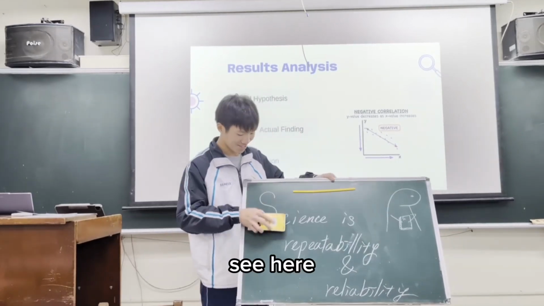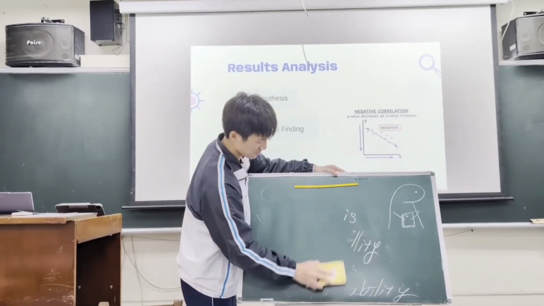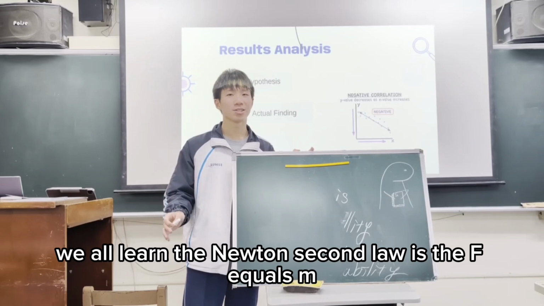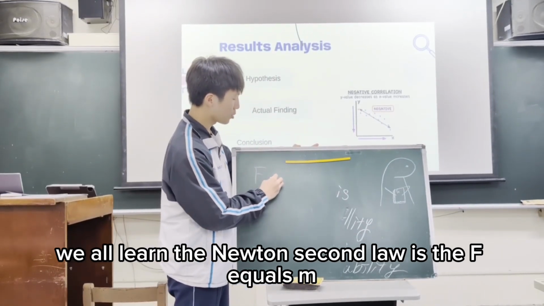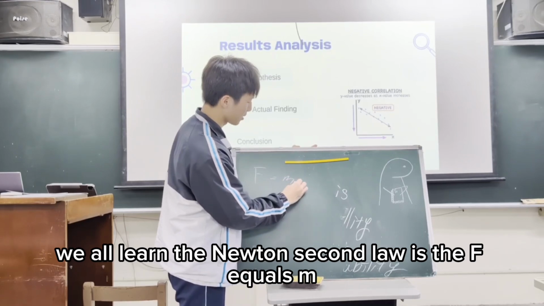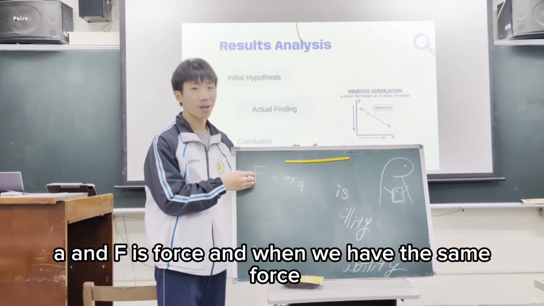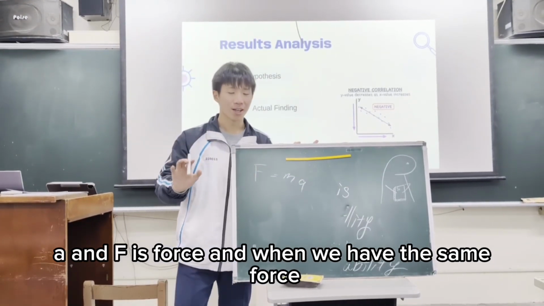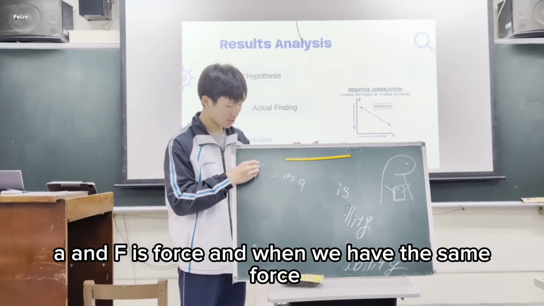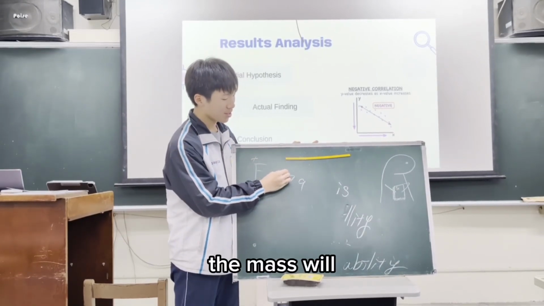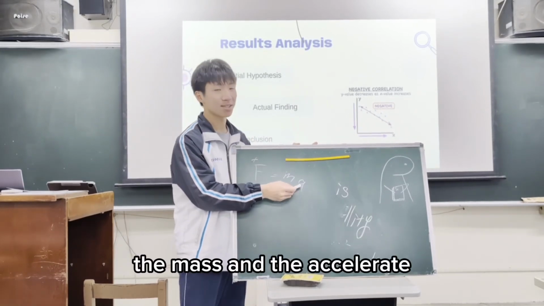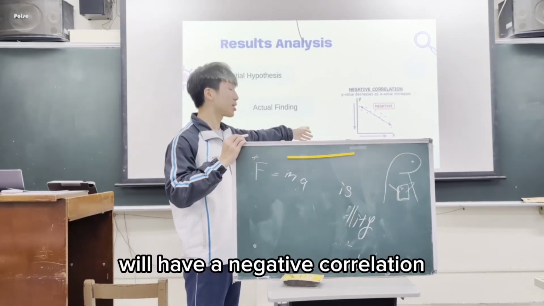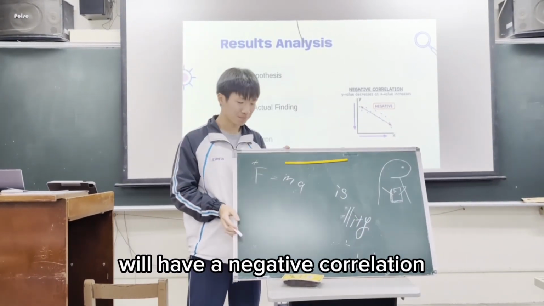We all learned Newton's second law: F equals ma, where F is force. When we have the same force, the mass and the acceleration will have a negative correlation.